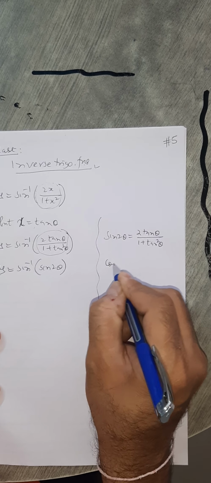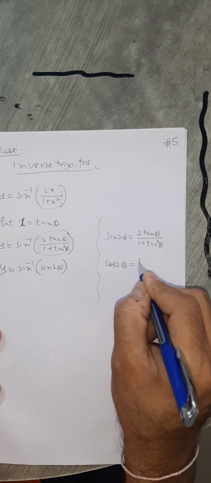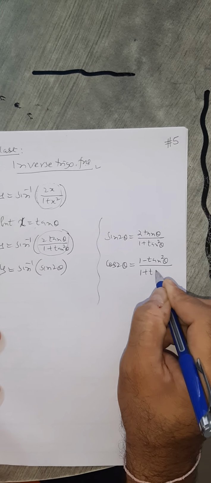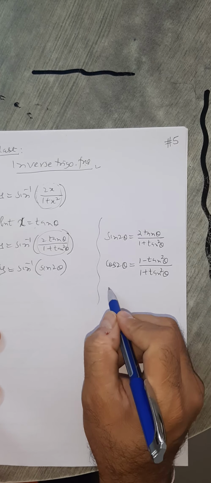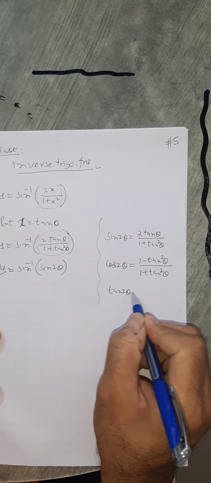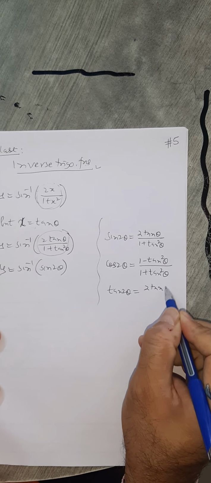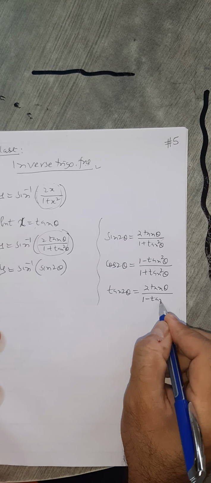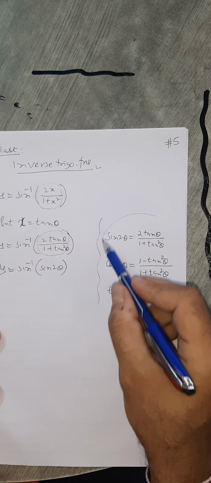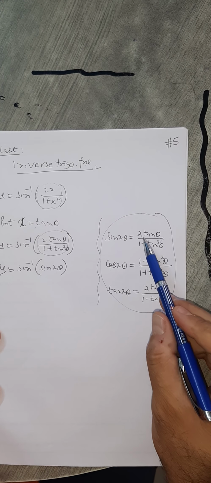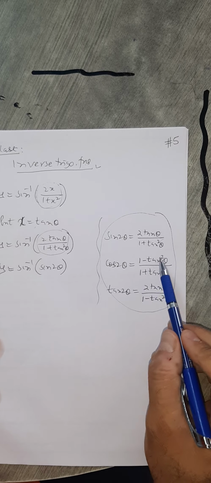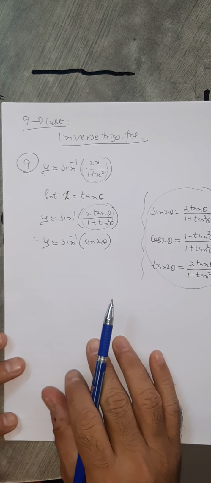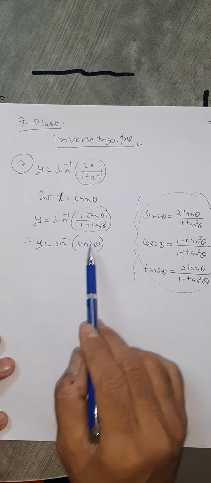The second one, cos 2 theta equals to 1 minus tan square theta upon 1 plus tan square theta. This is also very well known formula. And tan 2 theta is just the ratio of these two, that is 2 tan theta upon, if I take a ratio, the plus term will get cancelled, 1 minus tan square theta. You know, these are very important formulas from trigo. So I have used this formula here, remember.